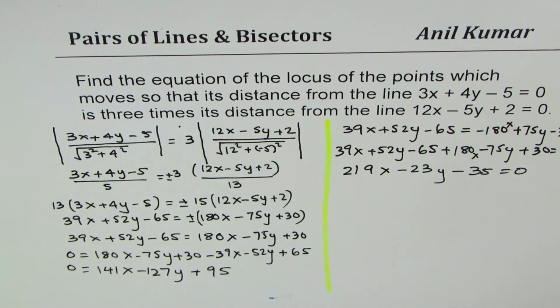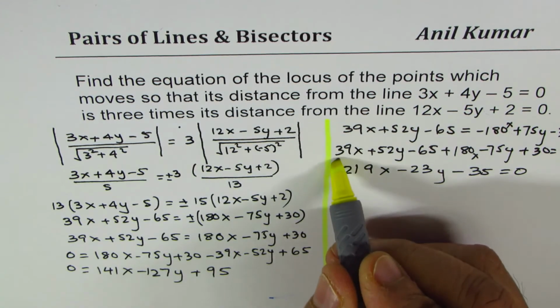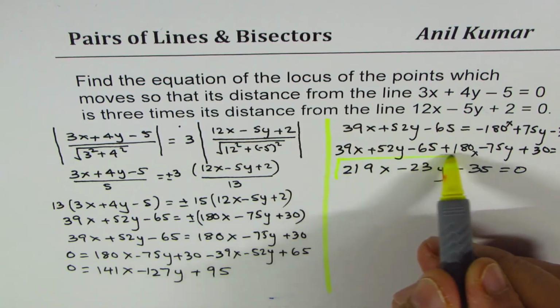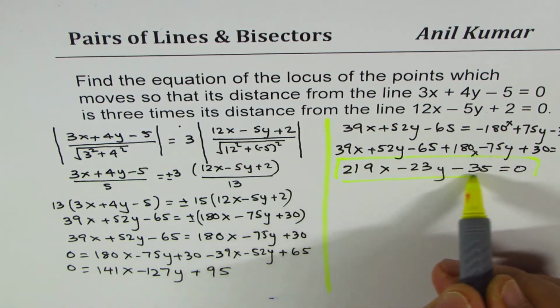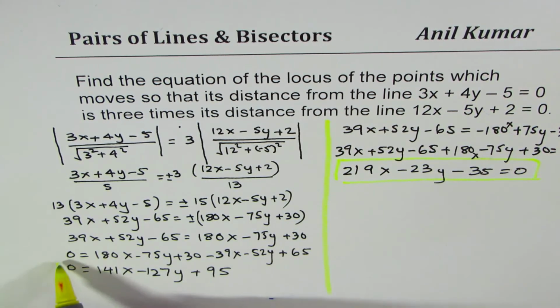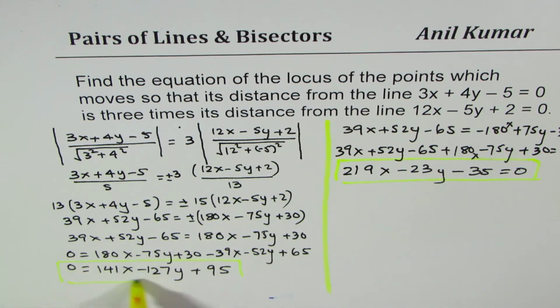So we get two different solutions. Let me highlight these. One of them is 141x minus 127y plus 95, the other one is 219x minus 23y minus 35, correct?